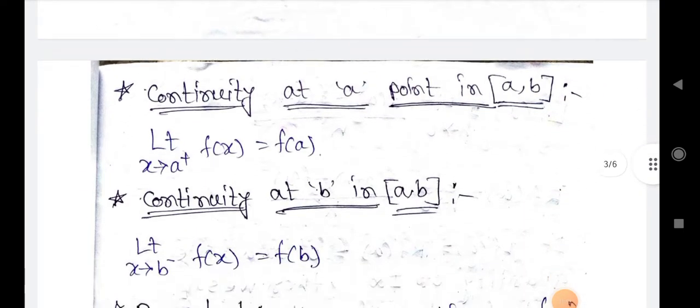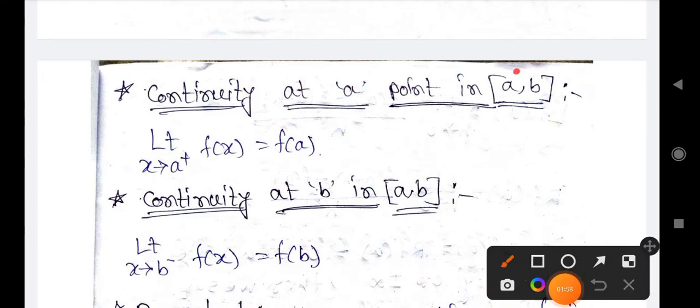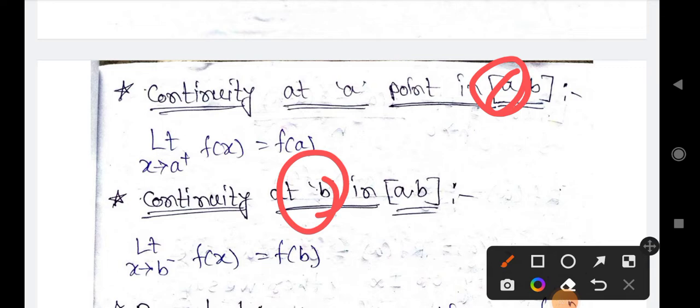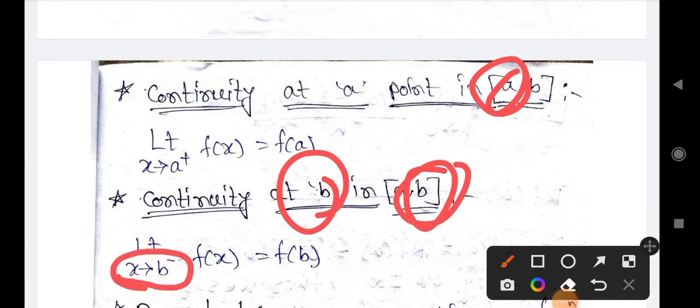Now continuity at a point in the closed interval [a, b]. This point a: limit x tends to a plus f(x) equals f(a), and continuity at point b in the closed interval [a, b]: limit x tends to b minus f(x) equals f(b).